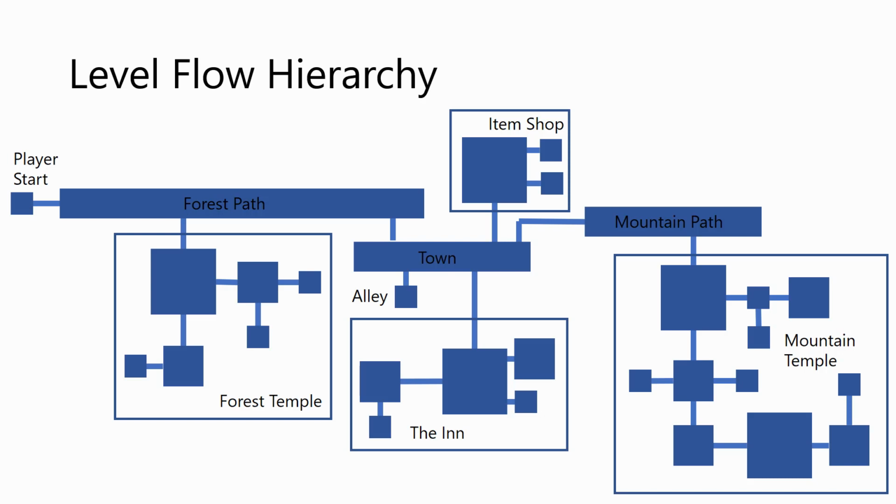And we typically do this from a production standpoint, talking about different sections and how those sections break down. So in this particular example, I have a forest path that would probably include some side sections to it as well, and a forest temple that has different areas within it. So this is an example of a hierarchy with level flow.